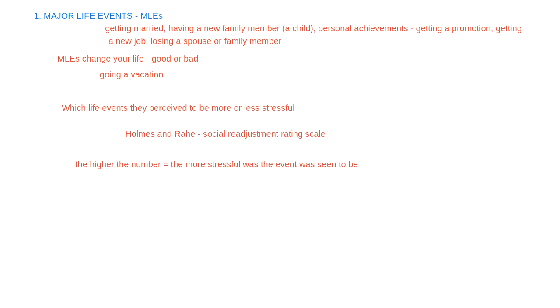So put this definition in parentheses right here: the value assigned to the MLE, major life event. So losing a spouse is actually the highest one on there, 100 life change units.